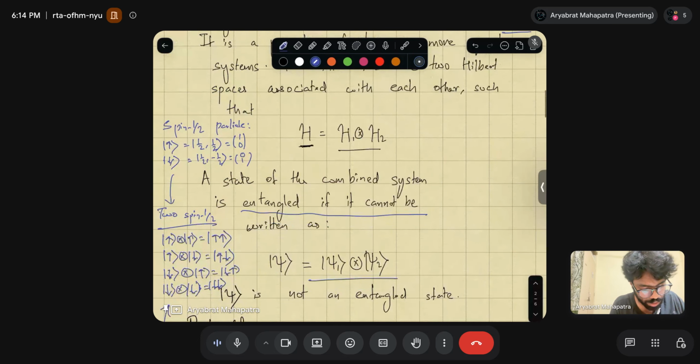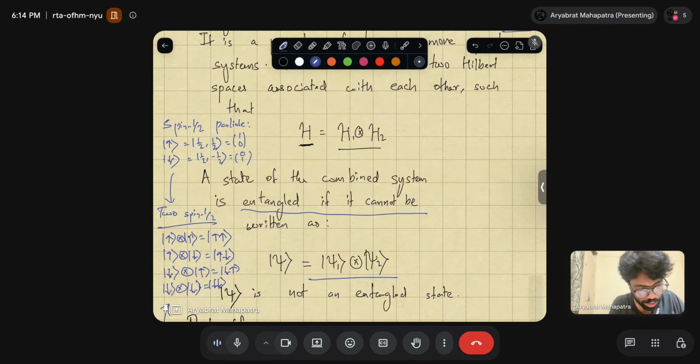What it precisely says is, if we have two spin half quantum systems, then we can have states like this, or this, and this, or this.